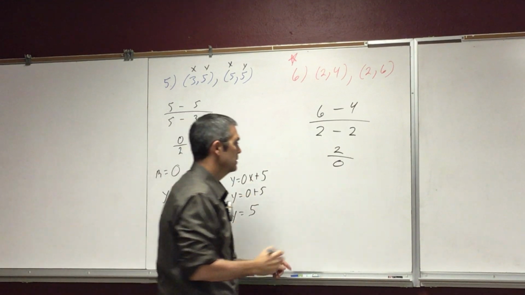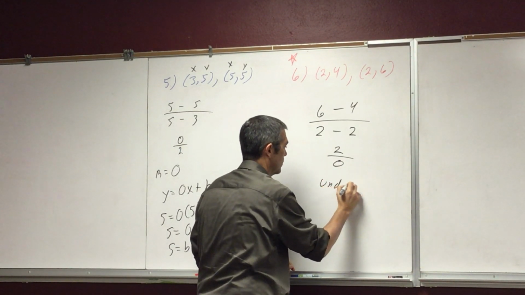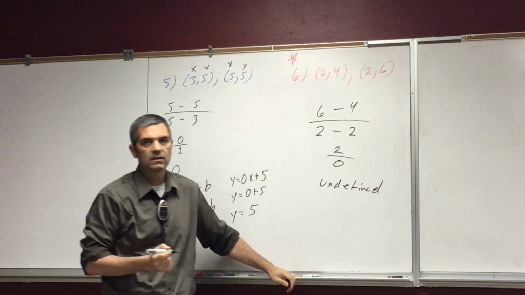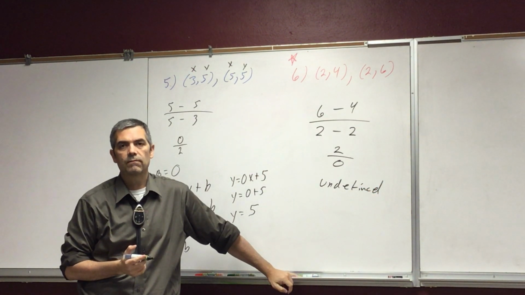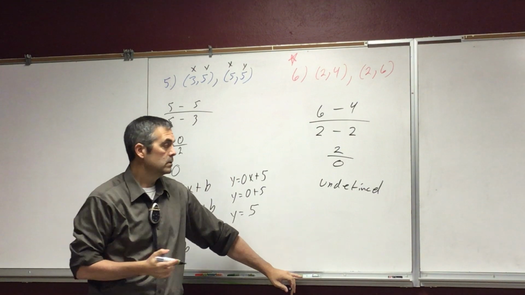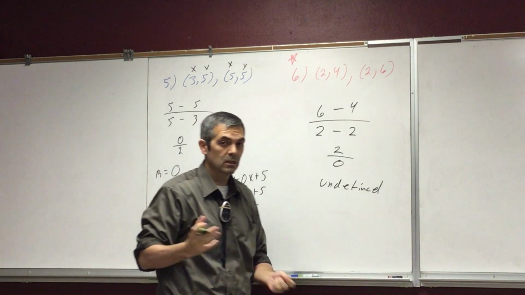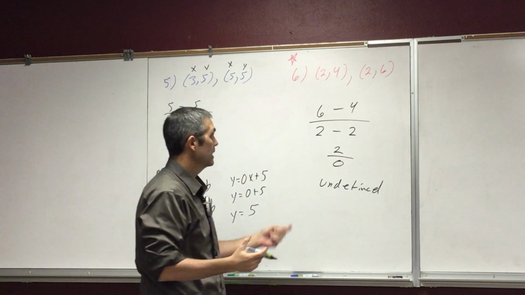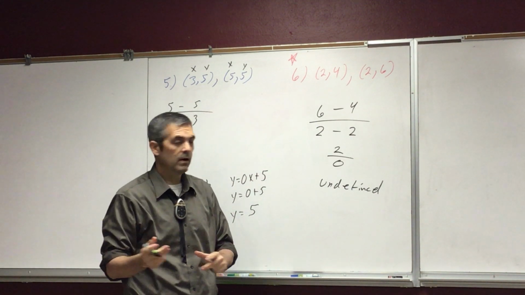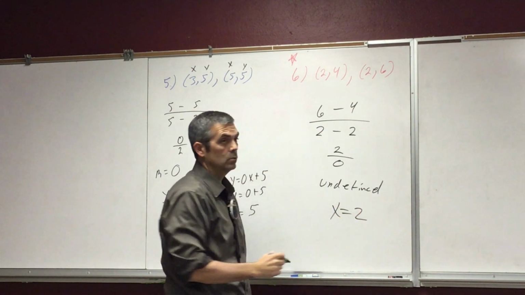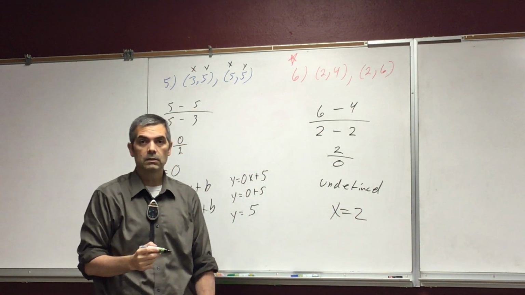All right? So this is undefined. And you can't write an undefined line in slope-intercept form. All right? So this cannot be put into slope-intercept form. It can be written as an equation, okay, but it cannot be written as undefined. I believe it's x equals 2 when you write it like this.